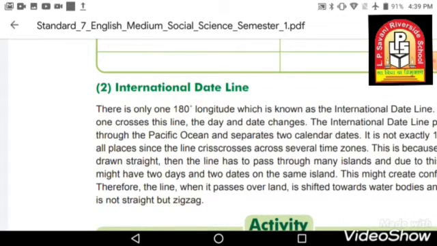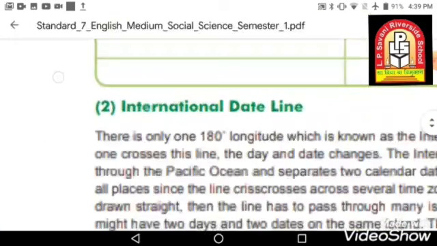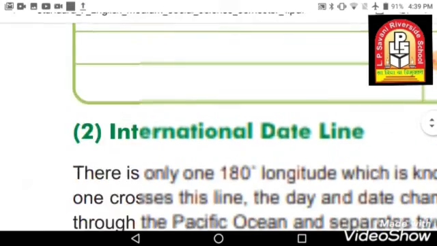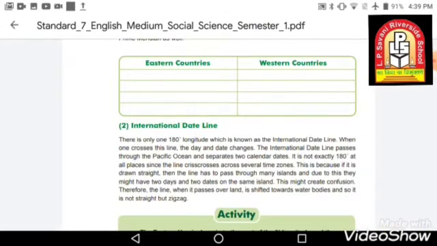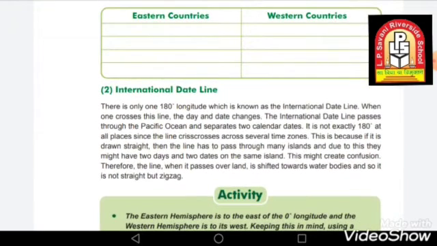So to avoid that, they crossed that island and made a zigzag line to get the same date or day. This might create confusion. Therefore, when the line passes over land, it's shifted towards the water bodies, so it is not straight but zigzag, right?